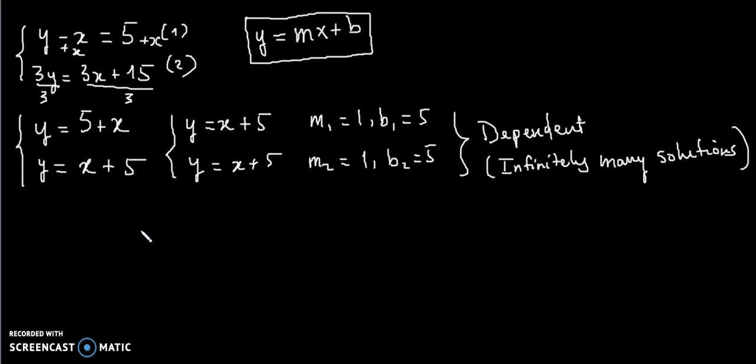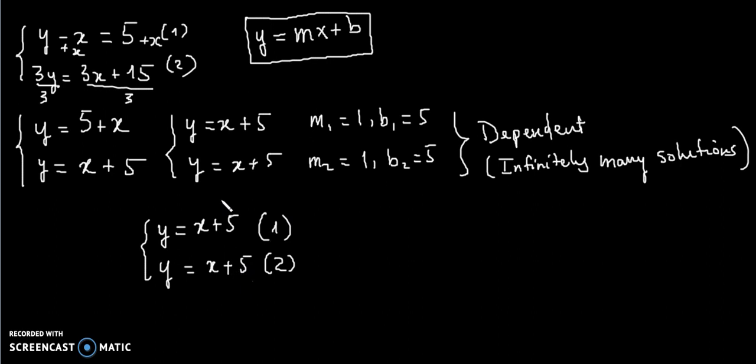So let's say I rewrite this: y equal to x plus 5 and y equal to x plus 5 here. I have equation 1 and equation 2. Now I'm going to subtract equation 2 from equation 1. So equation 1 minus equation 2.